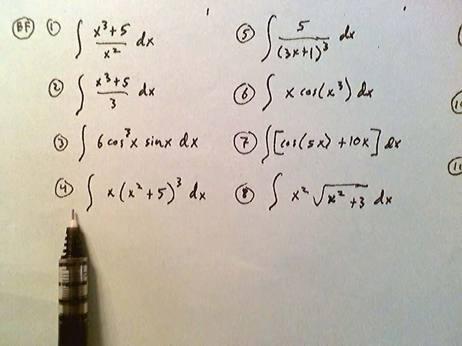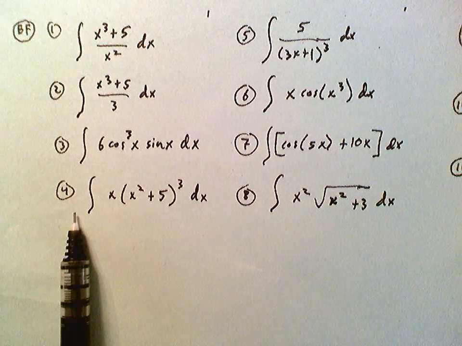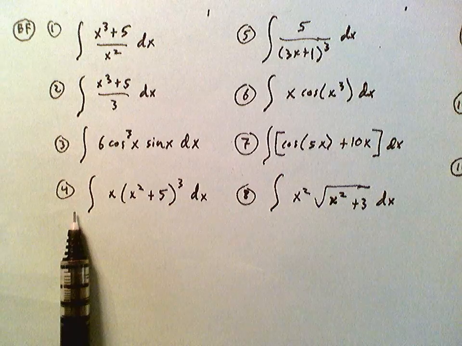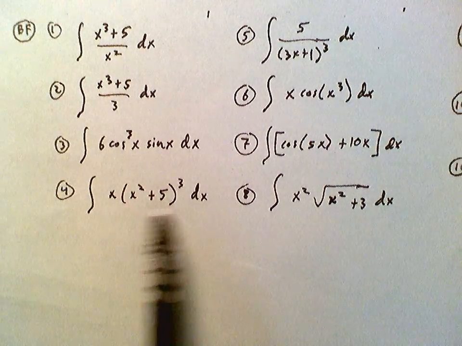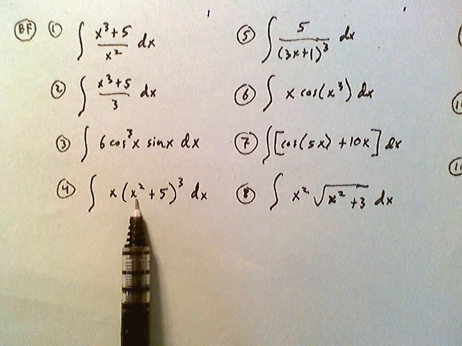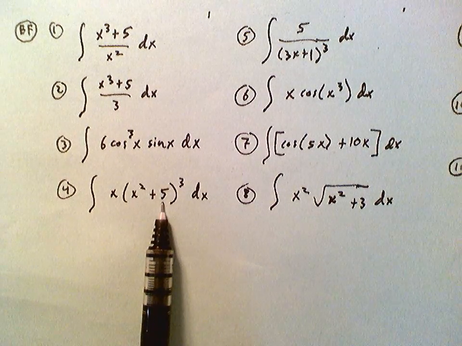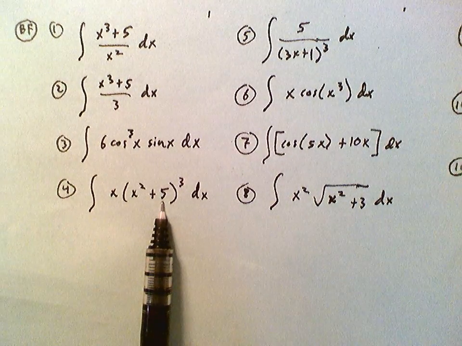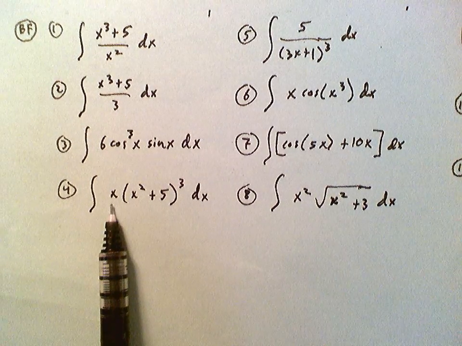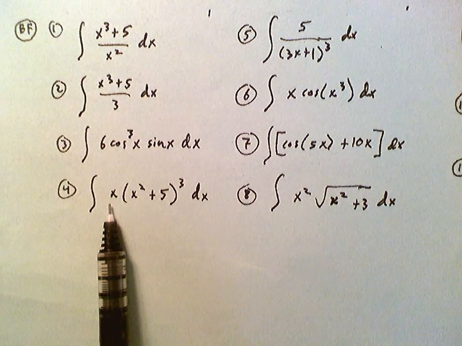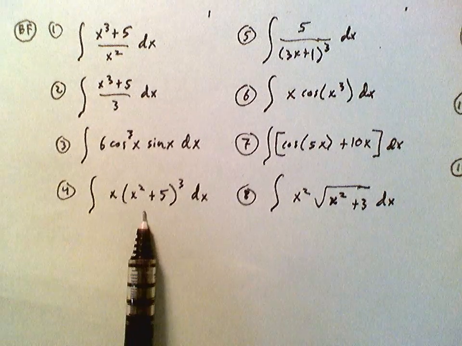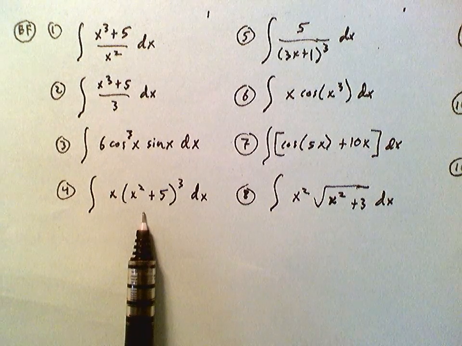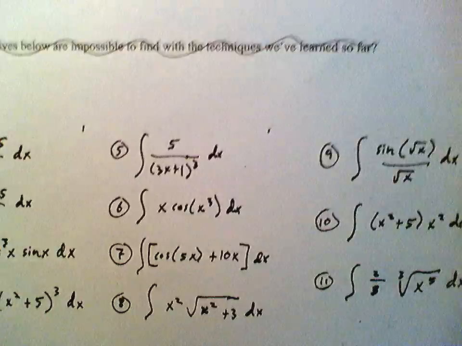This next one is kind of iffy because we cannot use power rule on it the way that it's written, but you could expand this out, x to the second plus 5 times itself again, distribute everything, then distribute the x in. Technically you could use power rule on it if you rewrote it, but I wouldn't recommend it. U substitution actually would be better for this one, so I'm not going to write that one up there.